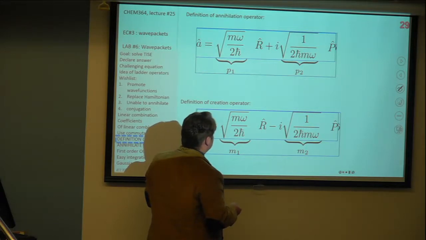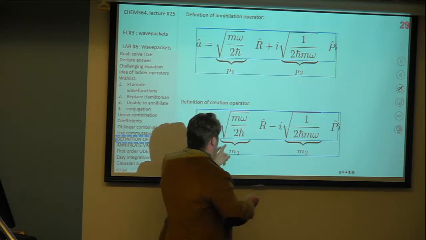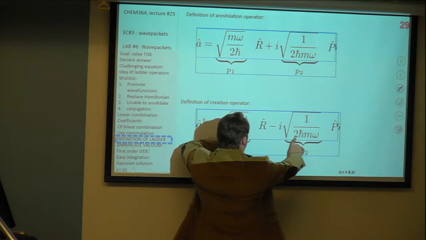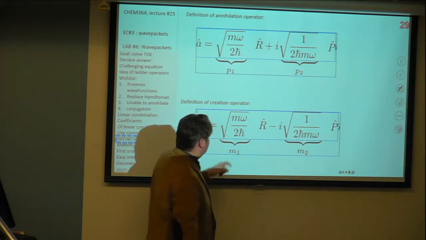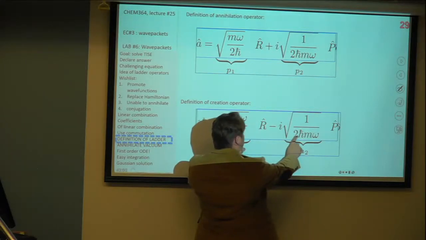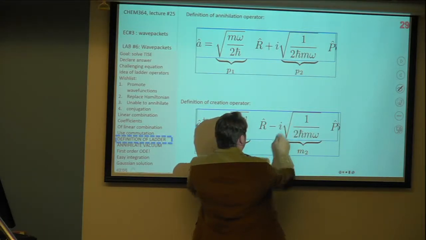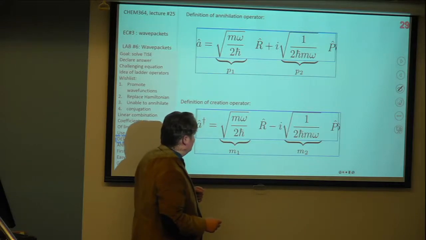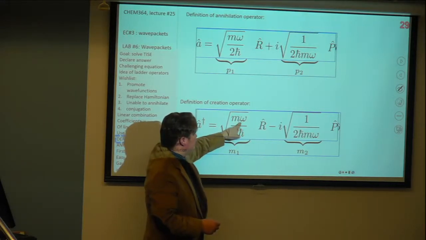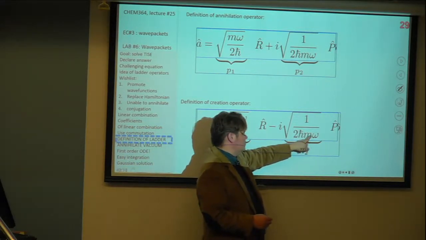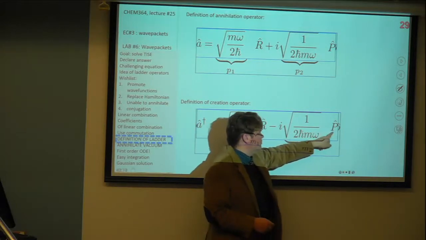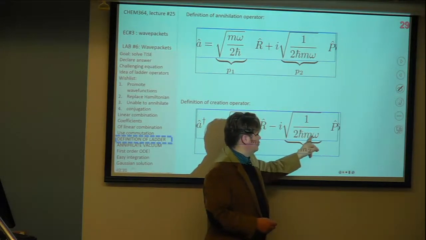In both coefficients, the constant 1 over 2 ħ is in the denominator here and there. Both coefficients have square roots. But in the one in front of position, we have the square root of mass and frequency in the numerator, and in the coefficient in front of momentum, we have the square root of mass and frequency in the denominator.